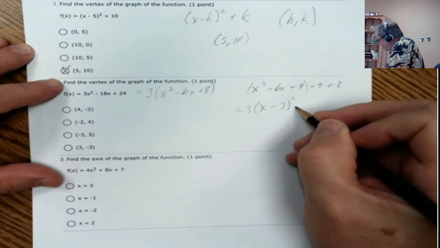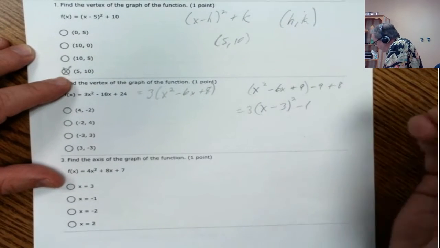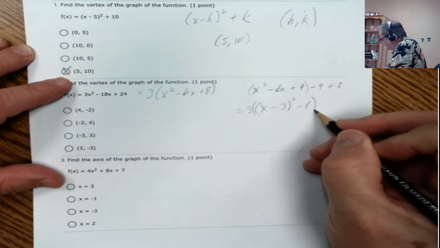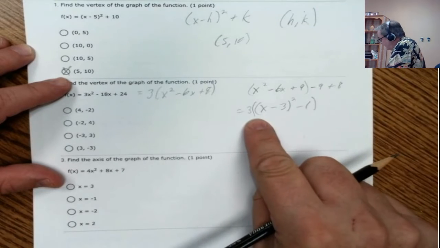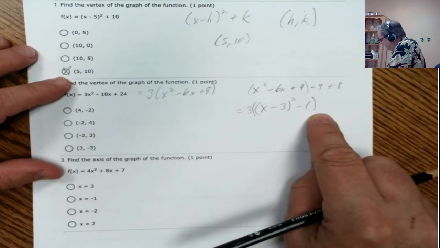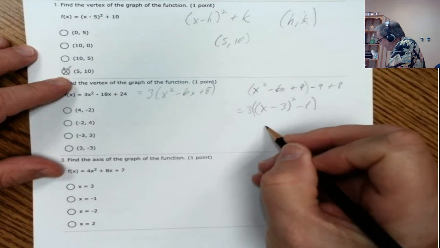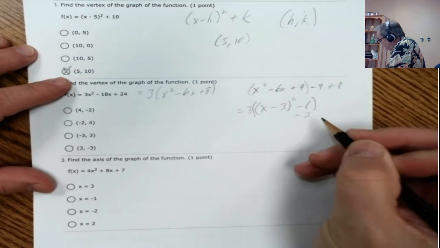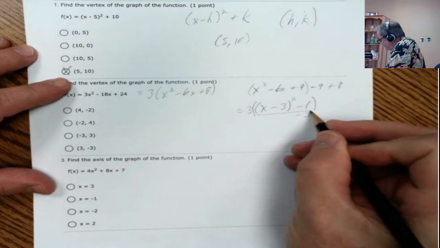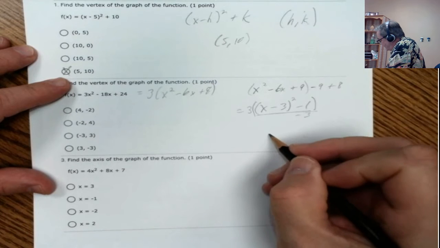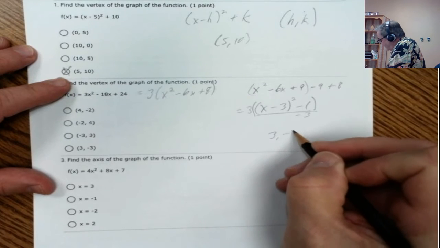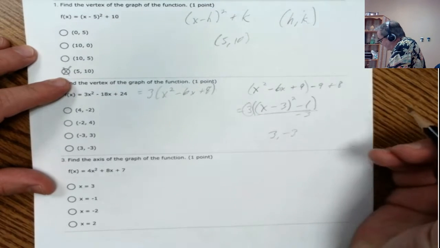And this is minus 1. So we also got to remember we've got this 3 out there that is going to affect our final answer. So when we multiply it back in, it's going to be a minus 3 right there. So with our vertex form, it's going to be (3, negative 3), because we did have this factor out front.